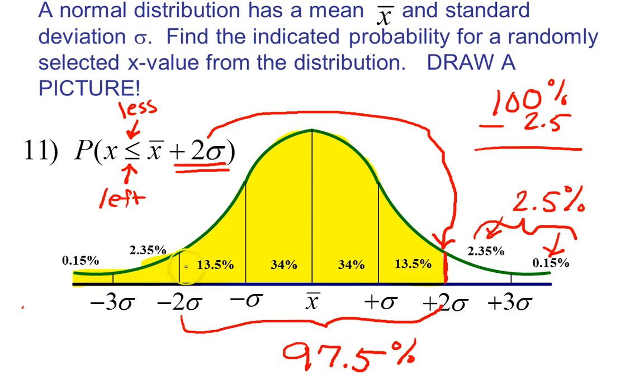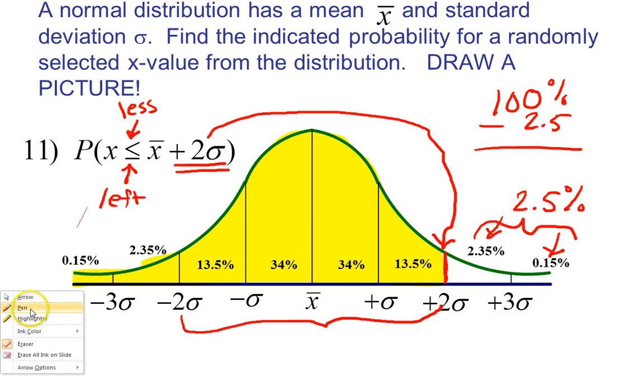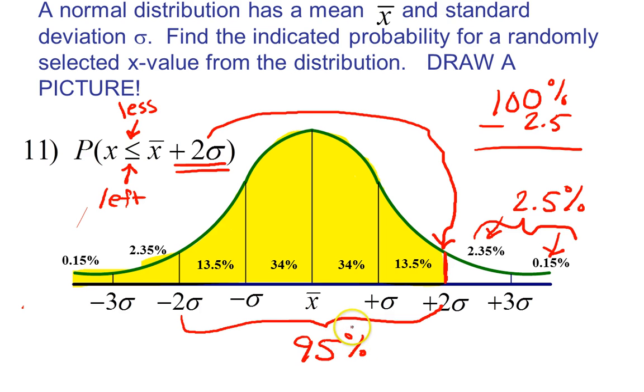So from -2 to +2 standard deviations, this is 95% of the data.